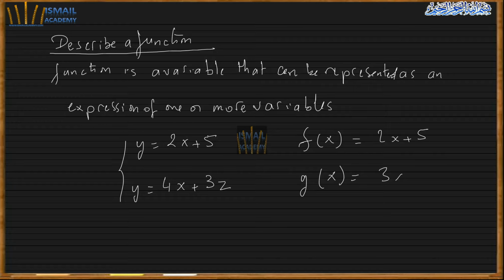Here, because we have two variables, x and z, we write f of x, z equals 4x plus 3z. So this is another way to represent a function. Those are the most useful ways that we use in math.